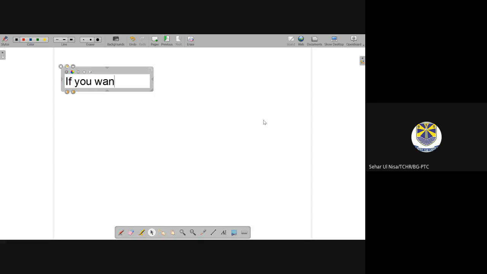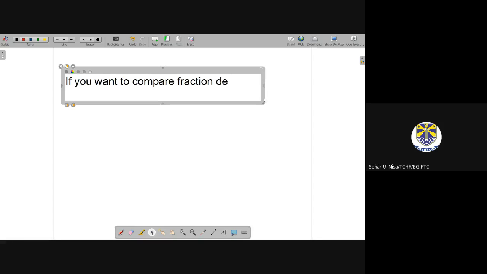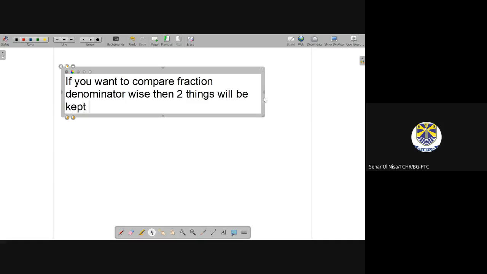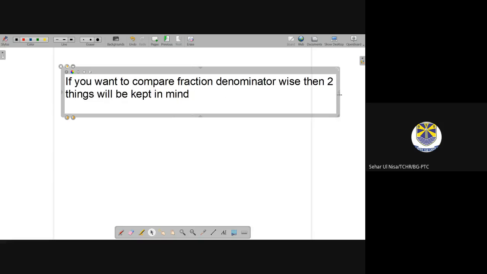If you want to compare fractions denominator-wise, then there should be two things.